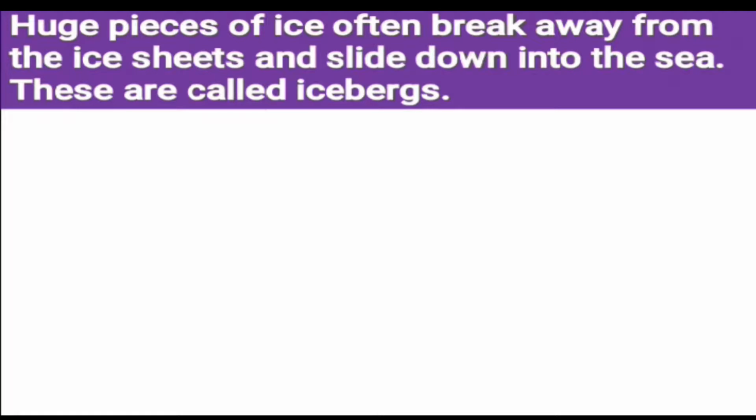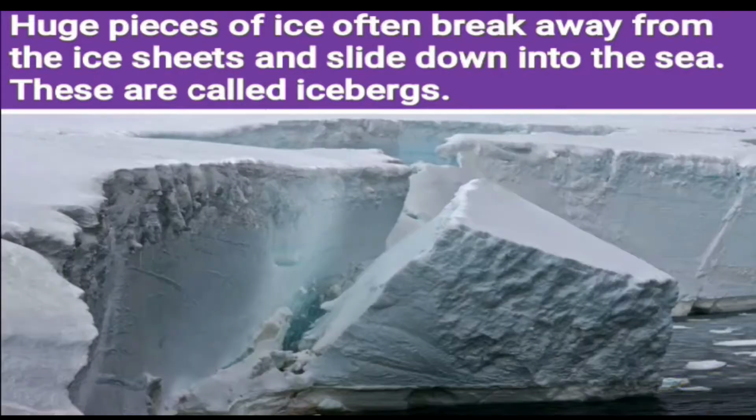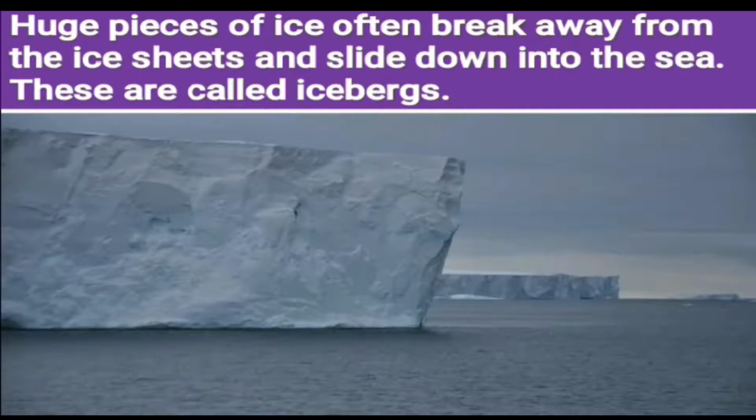Huge pieces of ice often break away from the ice sheets and slide down into the sea. These are called icebergs. So you can see this is an iceberg, and it looks like a mountain made up of ice and snow.